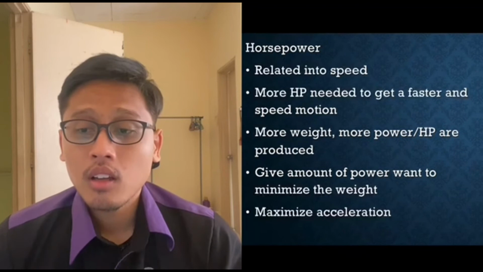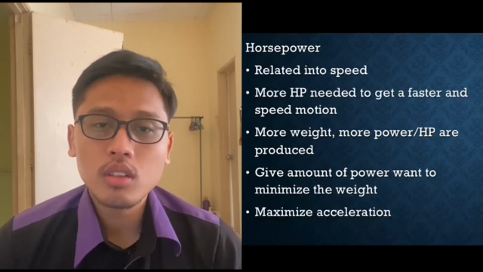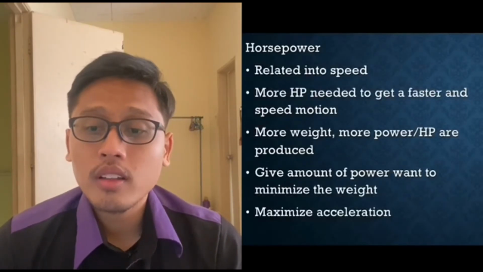How does horsepower work? First, horsepower is related to speed. Horsepower is commonly used in the automotive industry, such as in cars. More horsepower is needed to get faster motion. When you get more horsepower, you get more speed, for example in a car.